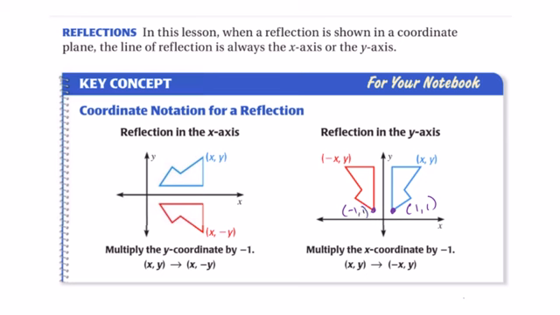So the y's are maintaining, but the x's are opposite. So my original point, xy, and my image, if it's a y-axis reflection, is going to be the opposite of x, y. I've never memorized these, I've got to be honest with you, but I've always drawn it out in order to kind of construct these transformations.